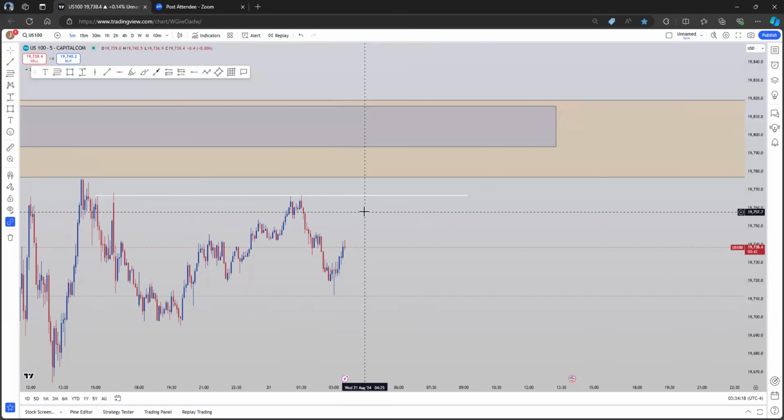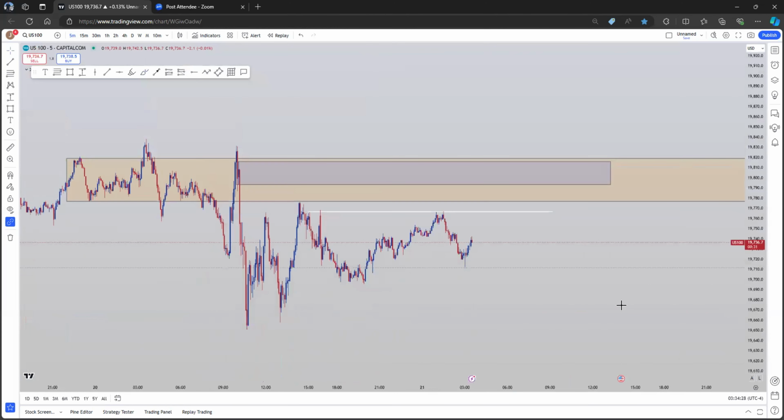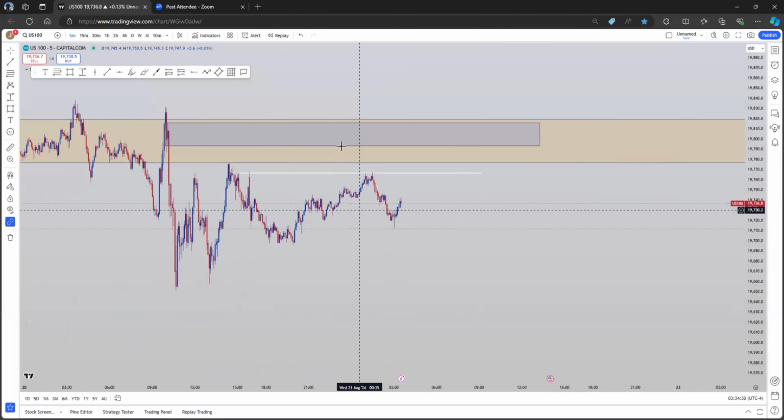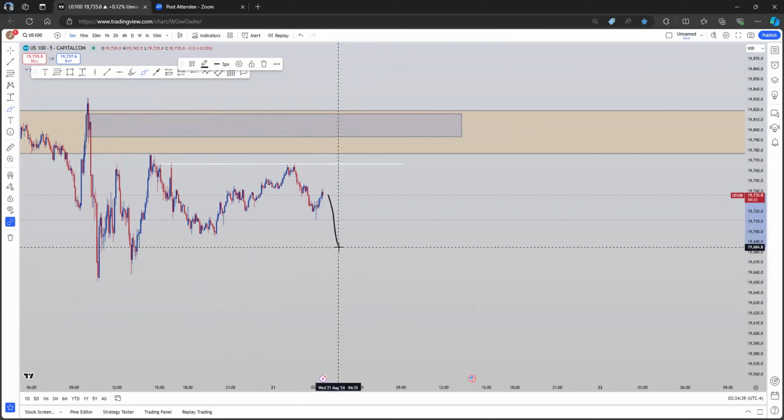But ultimately, I would like to see us have some sort of initial shift towards the upside. And during the New York session, I will be preparing for some beautiful short opportunities, right? Obviously, if we have a pushback towards the downside, it will be the exact same thing.